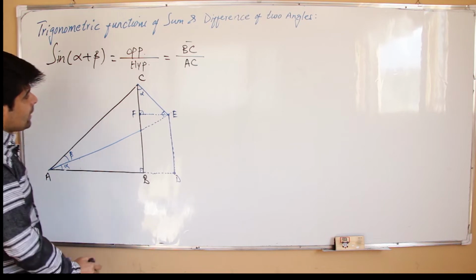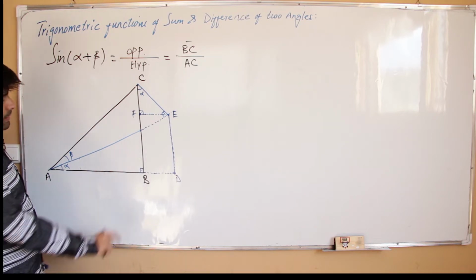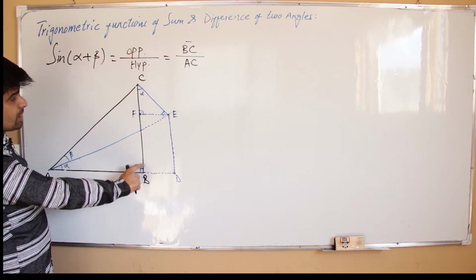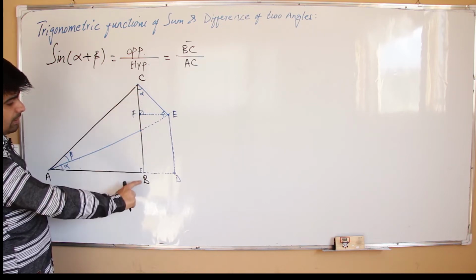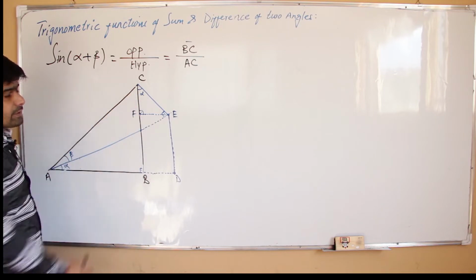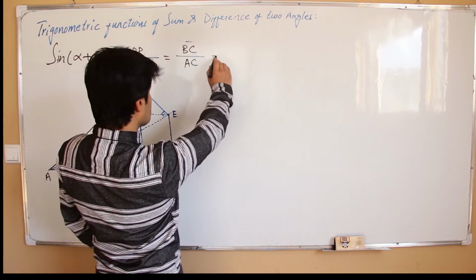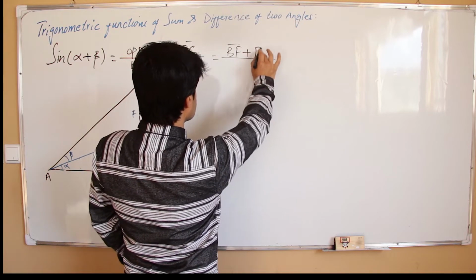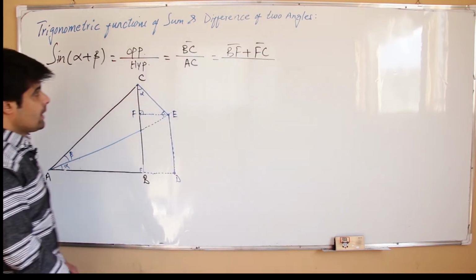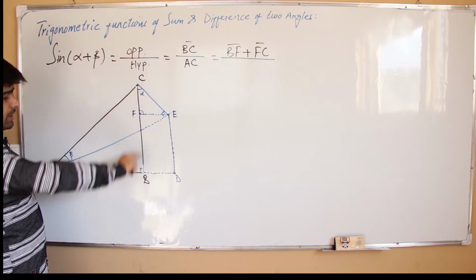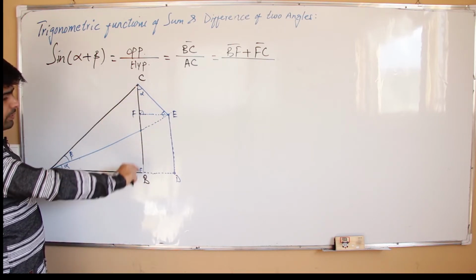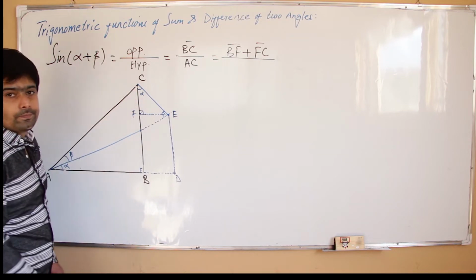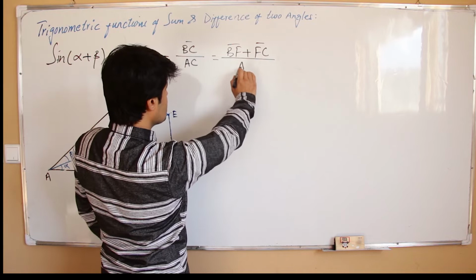Now in here, instead of BC, can I write BF plus FC? Yes, we can. So instead of BC, we write BF plus FC divided by AC.